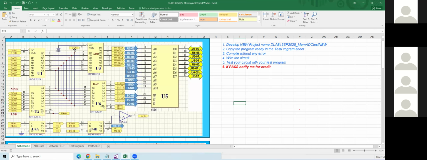They will be loading data into U3, and the output control is already low. They come out. That is how it works.